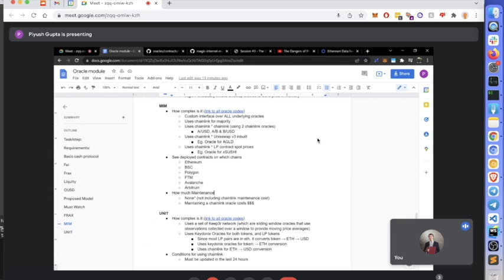Okay, so what do you think the next steps are to have a stable unit oracle model which fits all these requirements? The first step is to build a common interface that we'll be using across all our contracts.